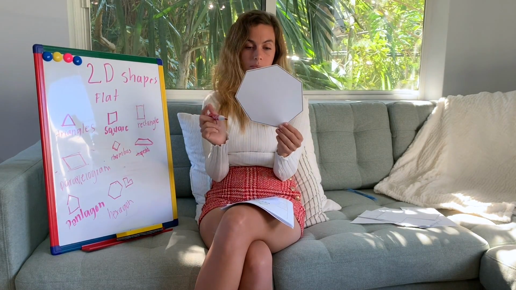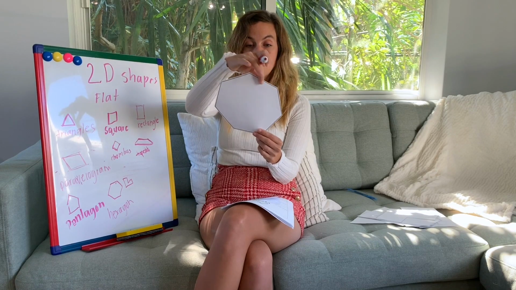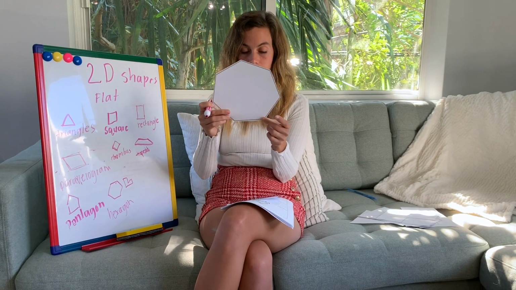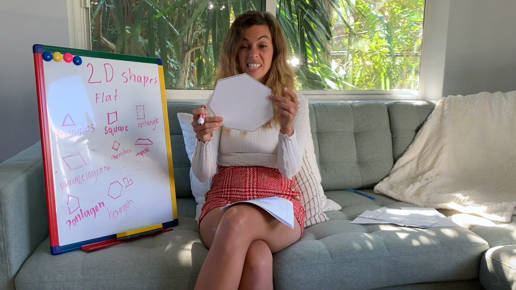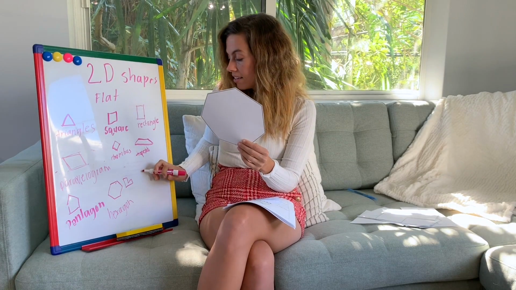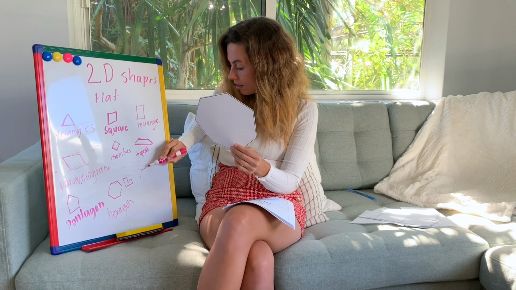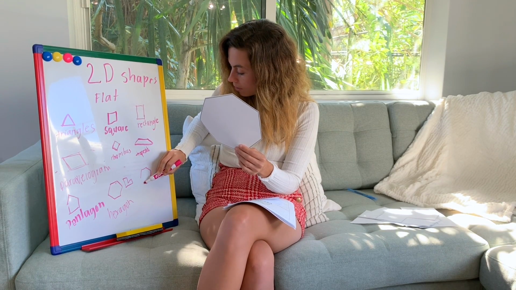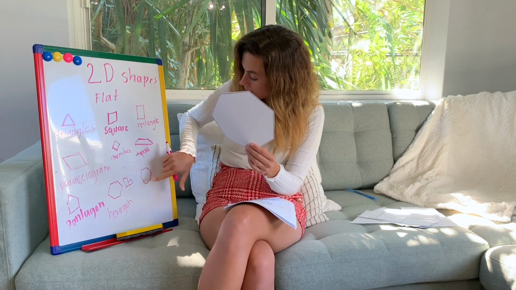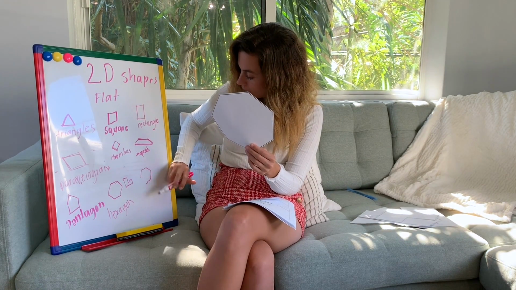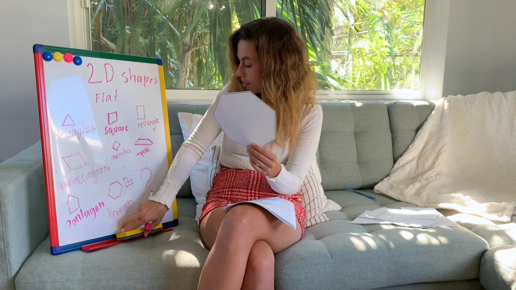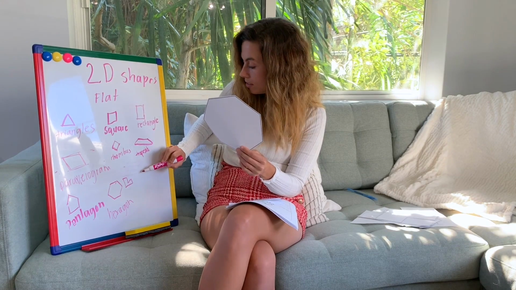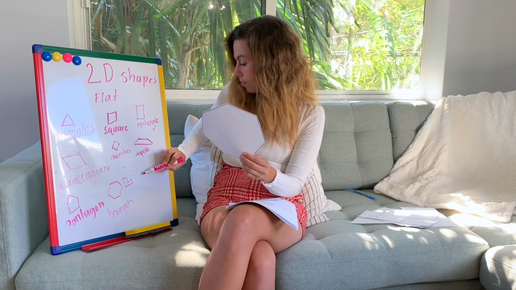Okay, our next shape here, we've got 1, 2, 3, 4, 5, 6, 7 sides. This shape's a little bit trickier to make.